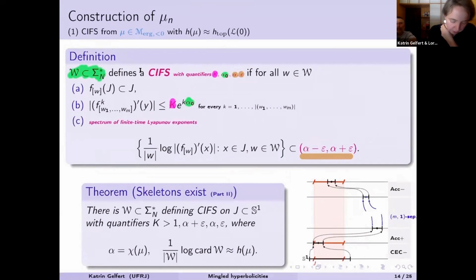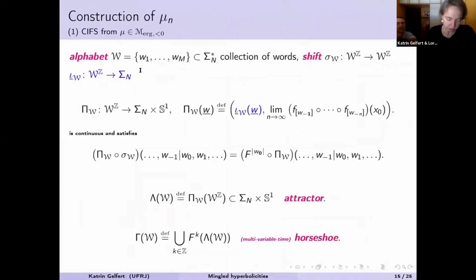So sigma n star is just a set of finite words built from our initial indices that count the fiber maps. Okay, so let me start with this.